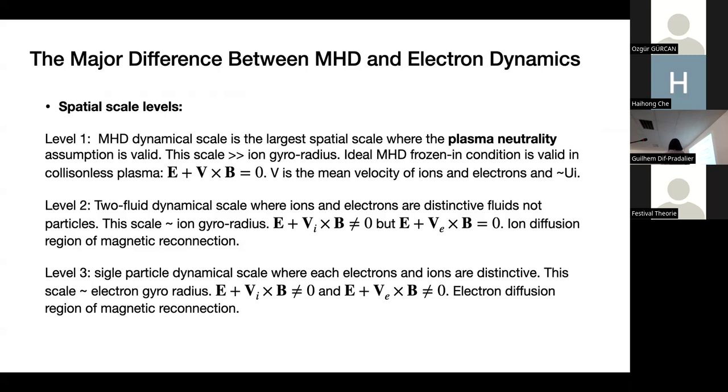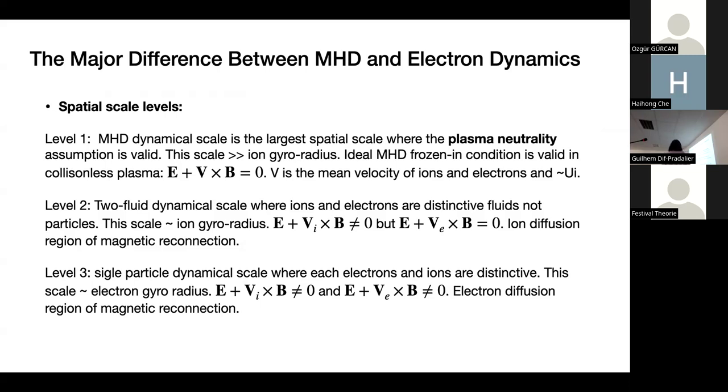It means ions no longer move with the magnetic field. They are not tied to the magnetic field, but electrons are still frozen together with the ions, with the plasma. Usually, this is the ion diffusion region of magnetic reconnection.